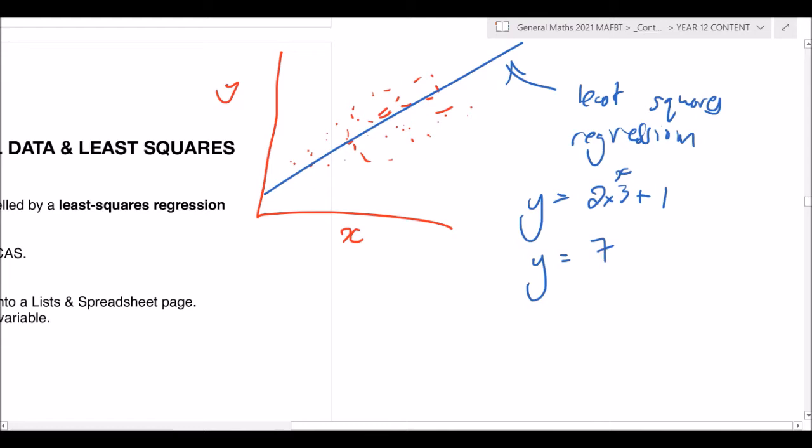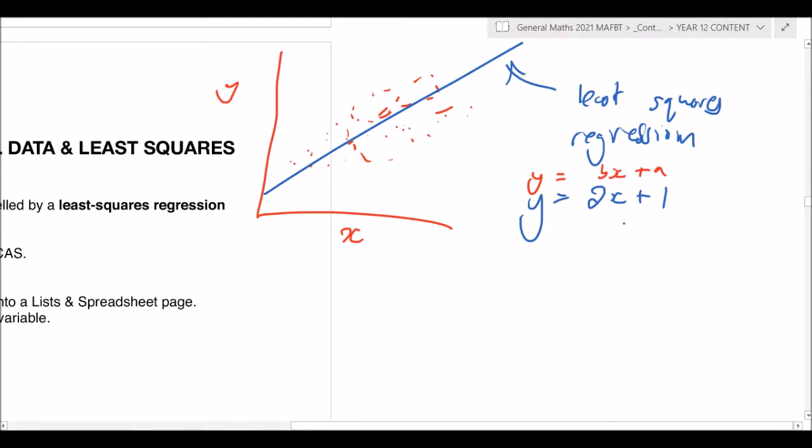We also interpreted the line by making interpretations on the x-intercept, the y-intercept, and the gradient, which is this. So don't forget that. In this formula here, just a heads up, if you've forgotten, this is the same as y equals bx plus a, or a plus bx. It's the same thing.